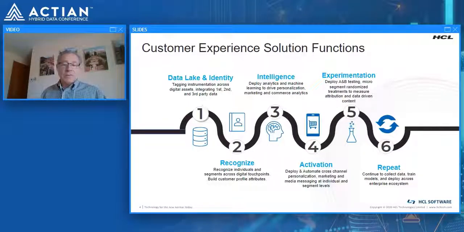Then comes my favorite part, which is audience activation. This is where marketing users define target audiences, segment audiences, define personalized experience to be delivered to a variety of audiences, segments, and populations across channels and devices.